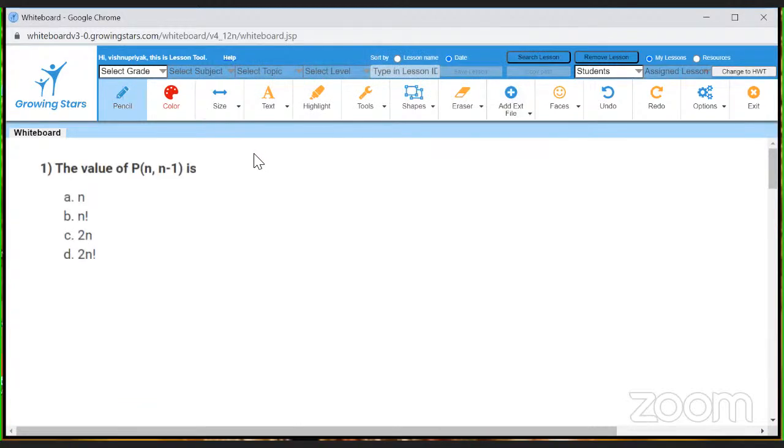Here, they're asking you nPn minus 1. And the 4 options are also given to you. It must be one of them.